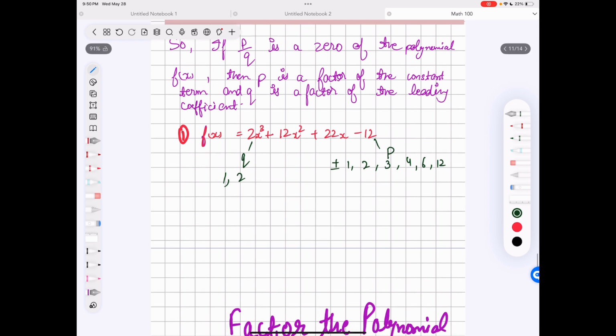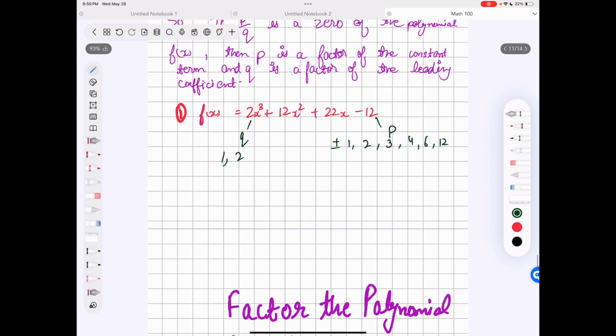So the way we write it is P over Q. That's all the numbers that divide 12, over all the numbers that multiply to make 2.